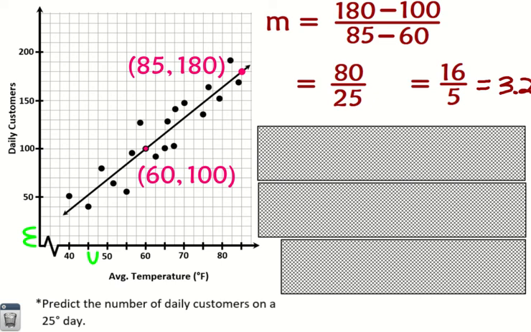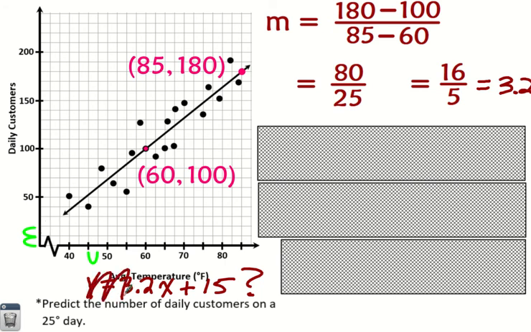So why don't I just say y equals mx plus b? Why don't I just say that it's 3.2x plus 15? I mean, it appears that my y-intercept is going to be 15, 16, 17-ish. Because guess what, people?